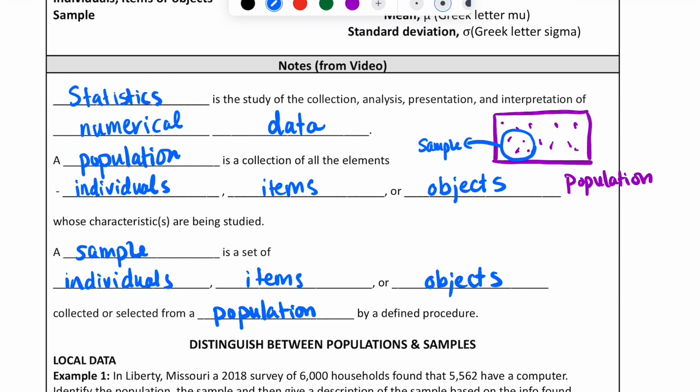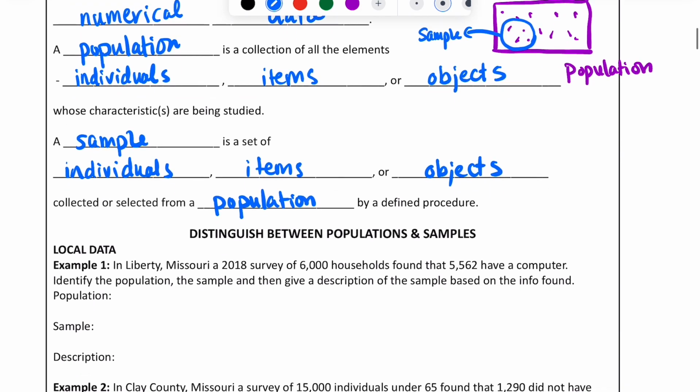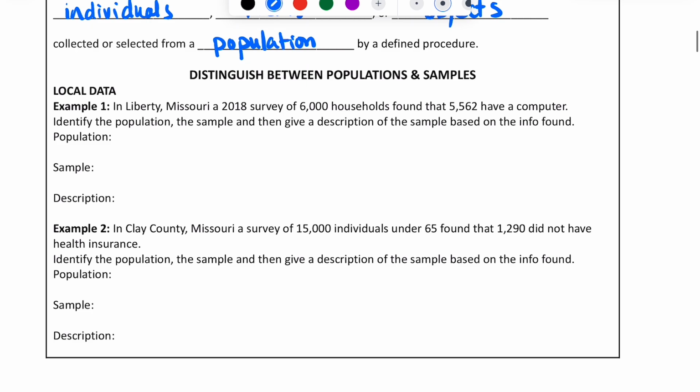So we need to make sure that we can distinguish between a population and a sample. Let's try this using some local data that we had collected from the past. In example 1, a 2018 survey of 6,000 households in Liberty, Missouri, found that 5,562 have a computer. We need to identify the population, the sample, and then give a description of that sample based on the info found.